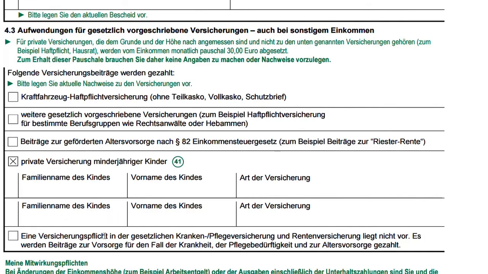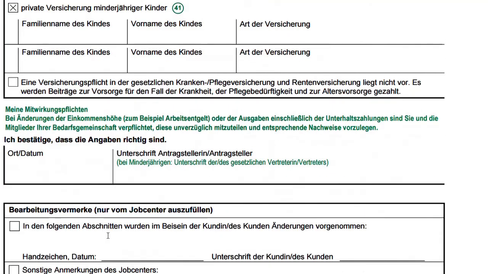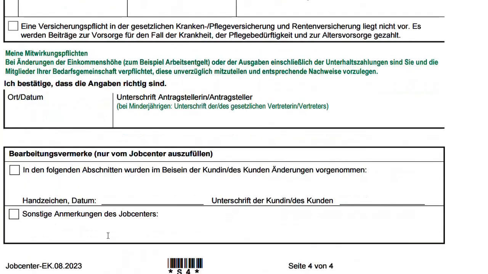If there is no obligation to be insured in the statutory health or long-term care insurance and pension insurance, and its contributions are being paid for pension provision in the event of illness, the need for long-term care, and retirement provision, you mark here with a cross.